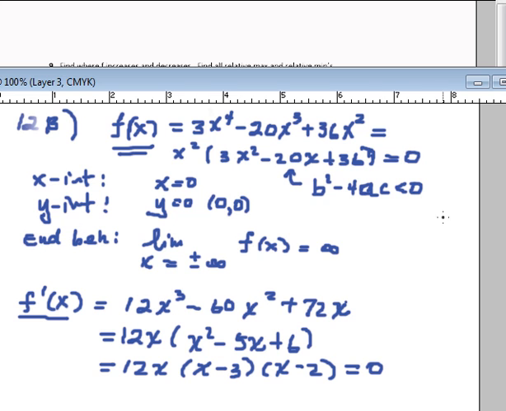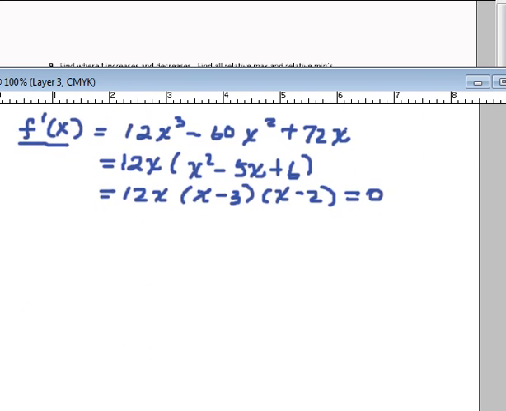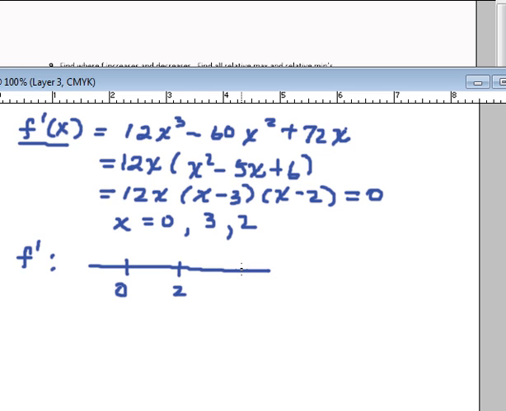So here we have 3 critical values: x equals 0, 3, and 2. Let's do a plus minus analysis with 0, 2, 3. We have positive in this interval, negative here, positive here, negative here.